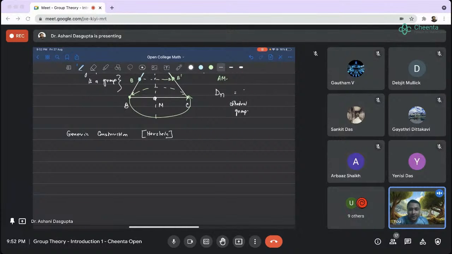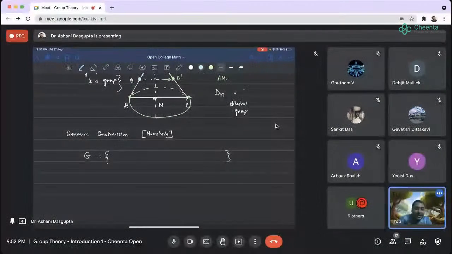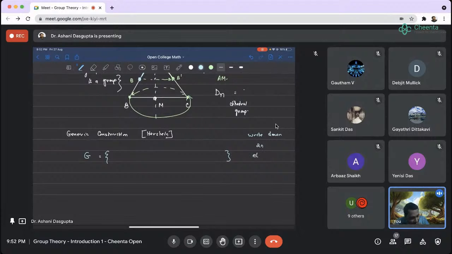So what we do is we go ahead and do it like this. We have to write down 2n elements, and say how they multiply out. So let's say that we have the identity element.